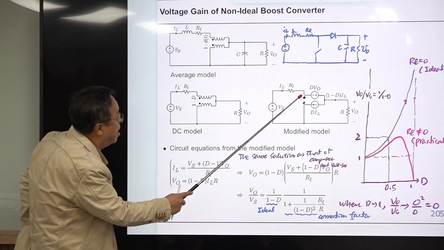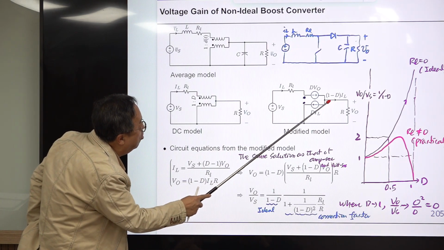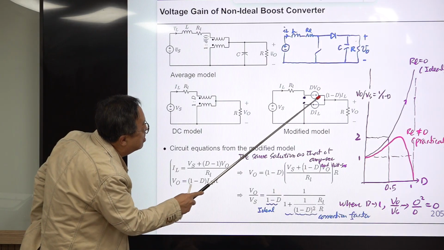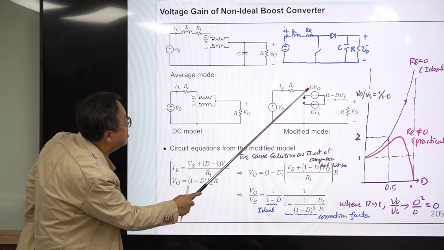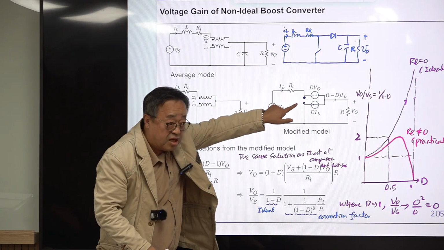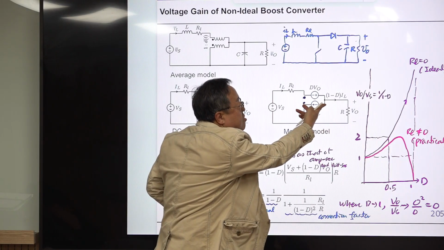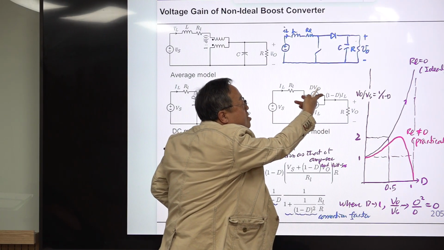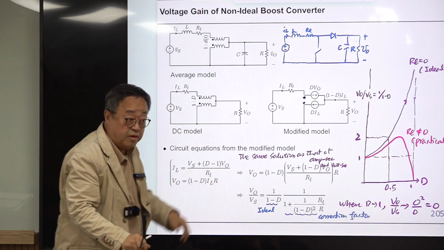The dots are here, and this voltage is Vo, plus minus. Then this voltage is D times Vo on this side, so dVo in this polarity, right? Because of this dot convention, right?